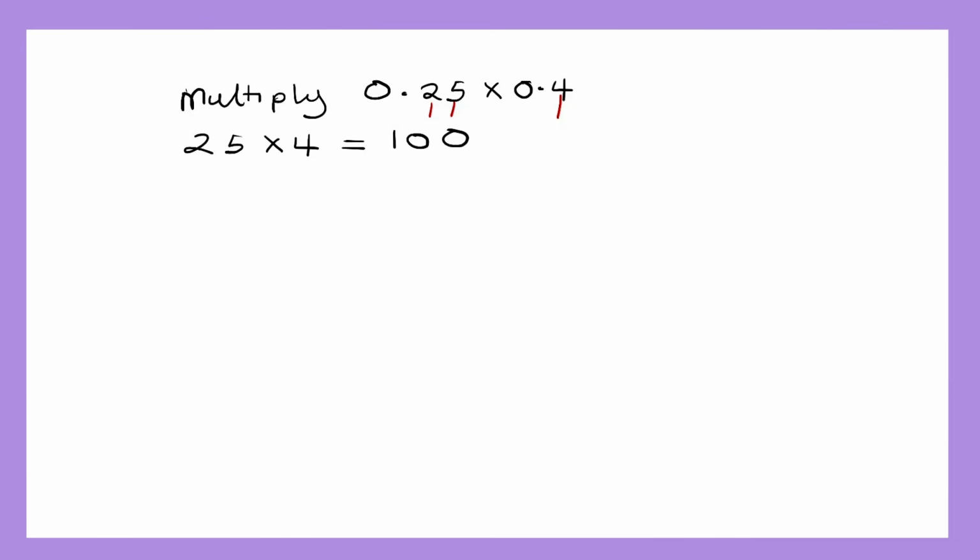So in the product 100, having 3 decimal places is going to be 1, 2, 3. Therefore, we have a point here, and I'll have a 0. So this becomes what? 0.100. Don't forget that 0 after decimal is insignificant. So 0.100 becomes 0.1.